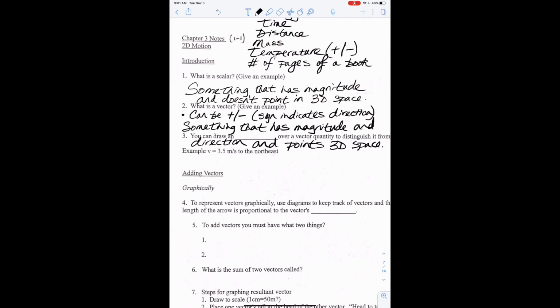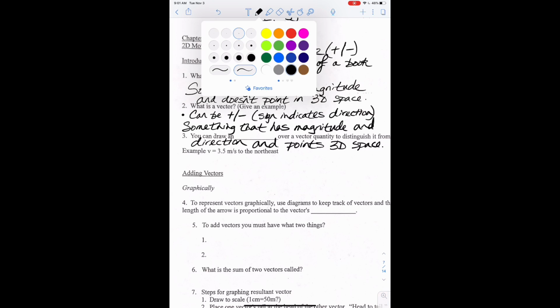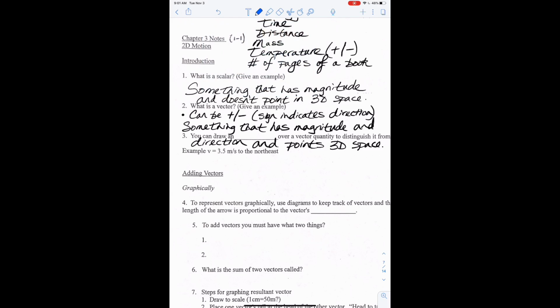Meaning you could say 40 miles per hour south, right? Go ahead and draw a line here just to split this up.